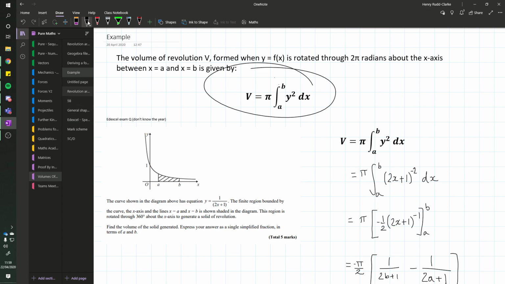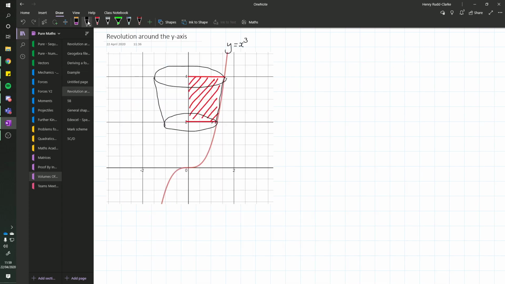And what essentially we've got here is the same thing, except we're rotating it around the y-axis. So we can think, well, essentially we're just swapping the axes we're working around. Now, if we imagine this being the height of the shape, this would be x, and then this is the y-axis that we're rotating around instead.